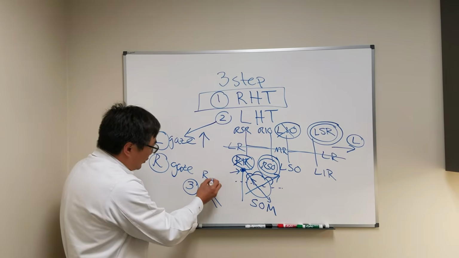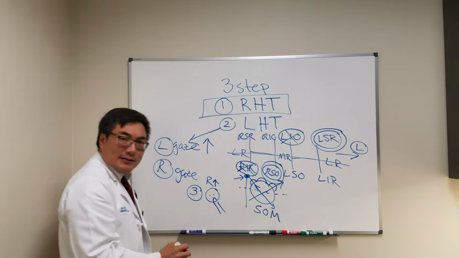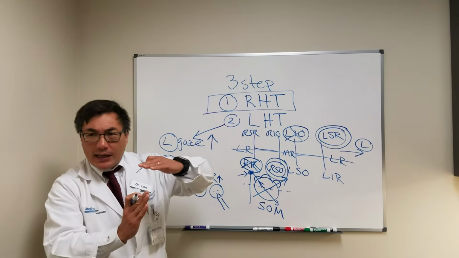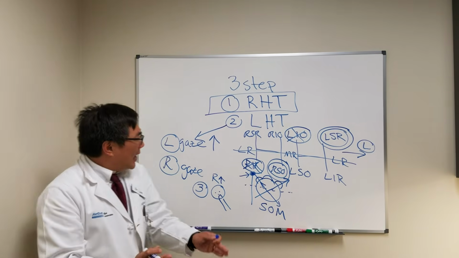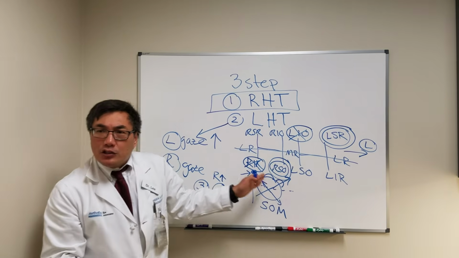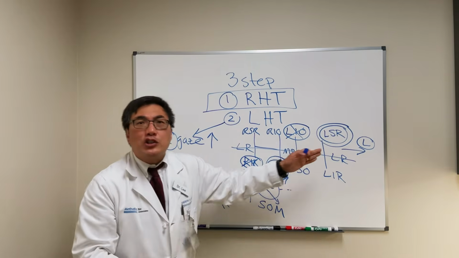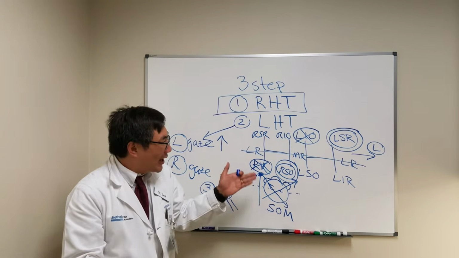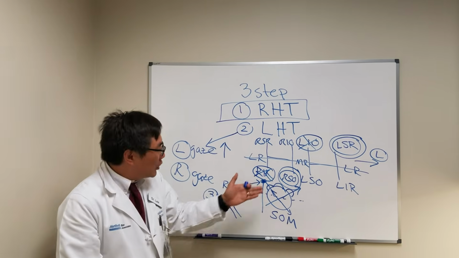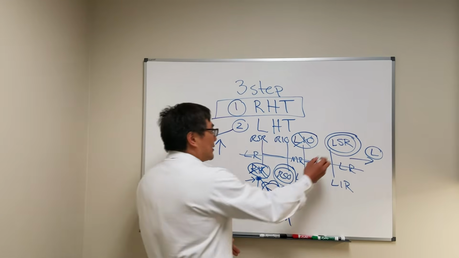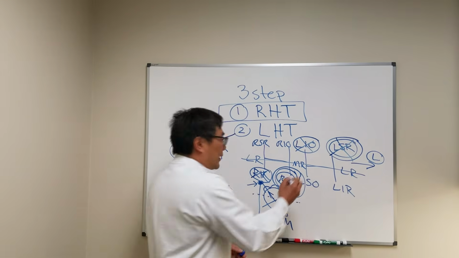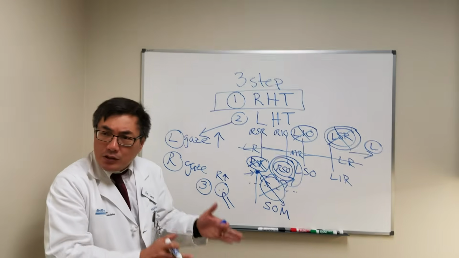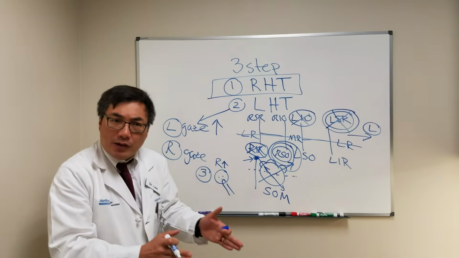So if I'm worse on my right hypertropia on head tilt to my right, that means a right intorter is weak or a left extorter is weak. But I only have two choices left, the right superior oblique and the left superior rectus, which are both intorters. So if I have to choose between a right intorter and a left extorter, I'm going to choose the right intorter, which in this case is the right superior oblique.